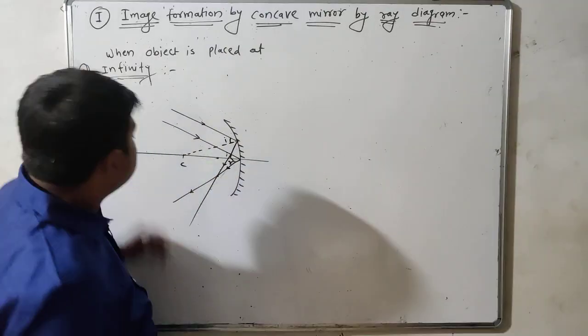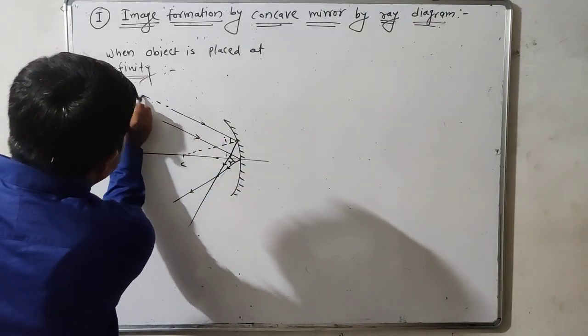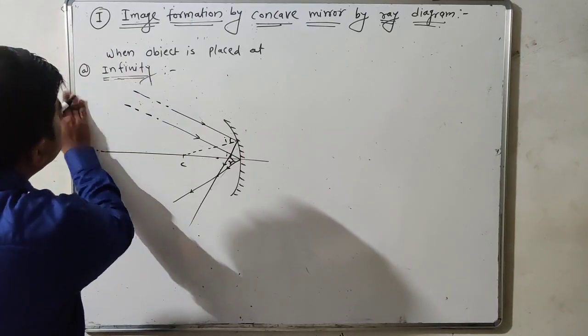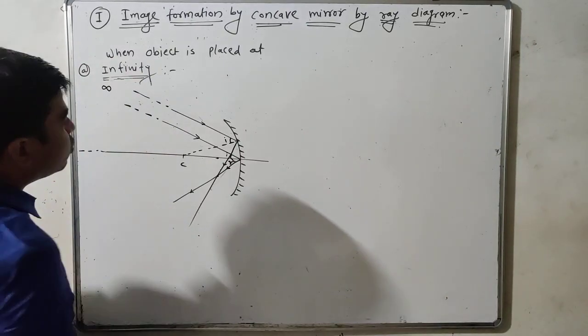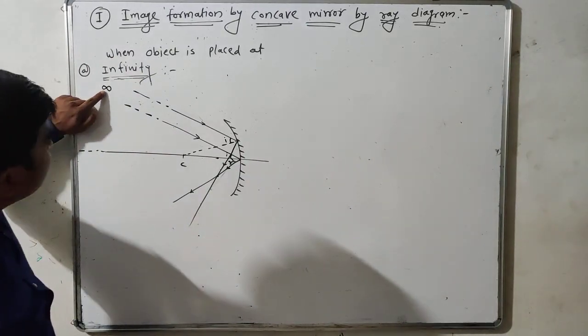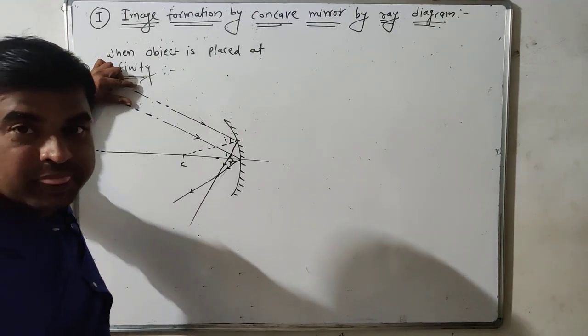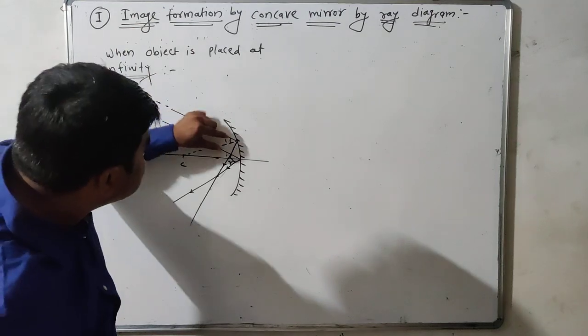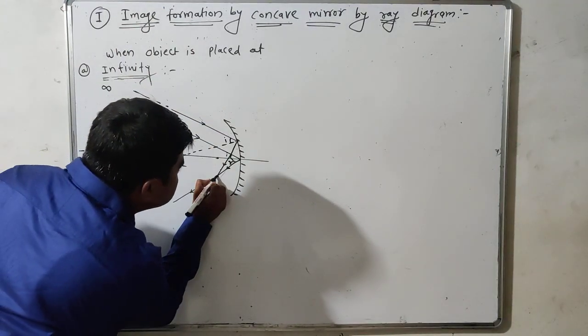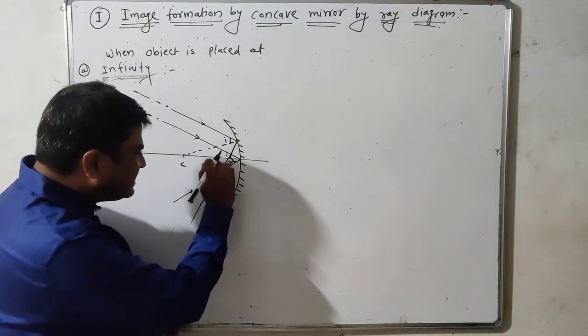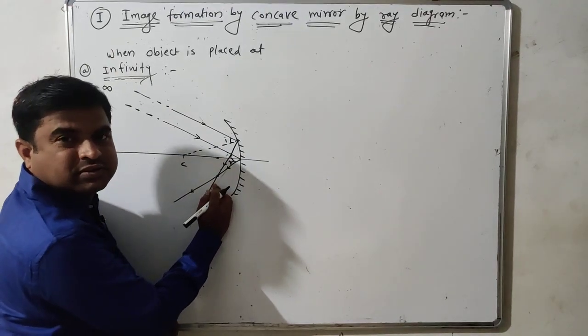Understand? That means these two rays are coming from a point object located at infinity, so that they become parallel to each other. After reflection, these two rays converge at this point, exactly below the focus.